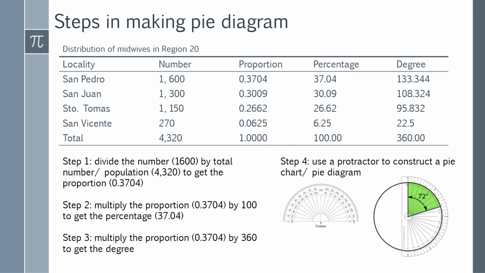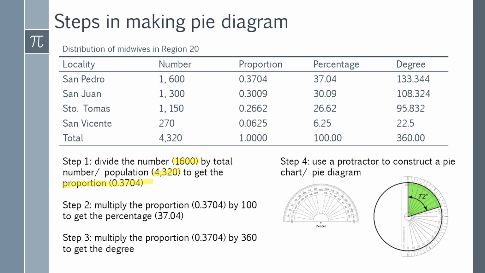So in your step 1, we need to divide the number of midwives per locality by the total number of population. So for example, in San Pedro, 1,600 divided by 4,320, and this will give us a proportion of 0.3704.